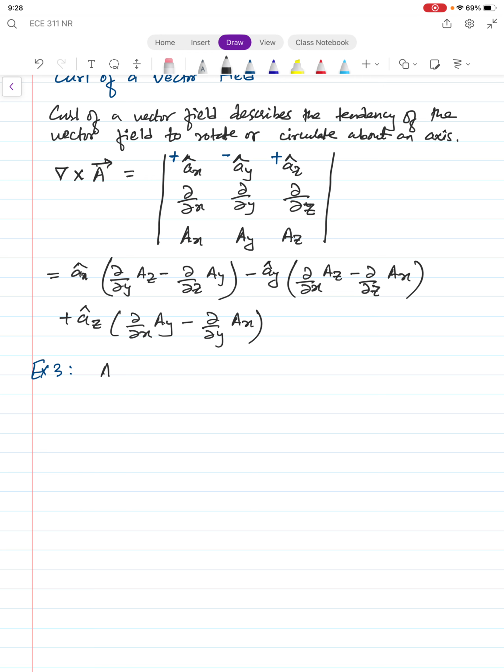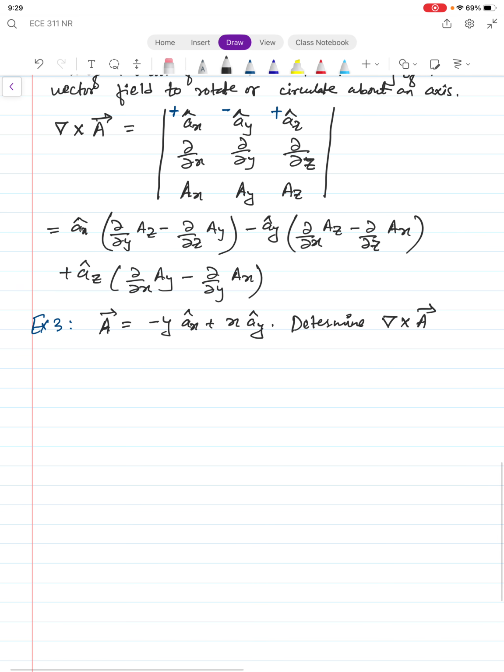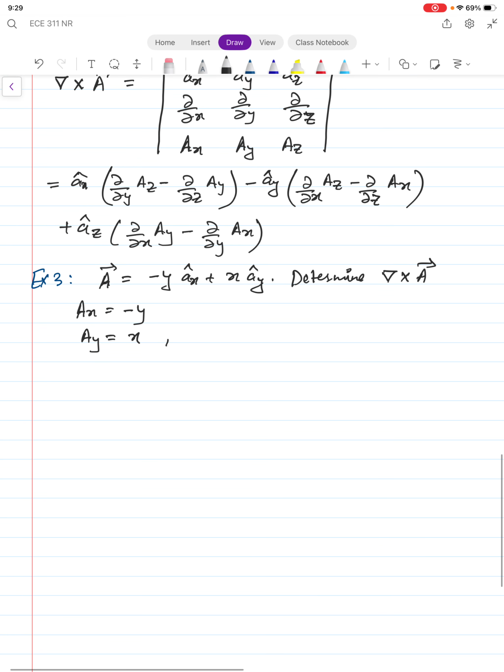We are given a vector A defined as negative y ax plus x ay, and you are asked to determine del cross A. For that we know Ax is negative y, Ay, the y component of the given vector, is x, and the nice thing is Az is 0.